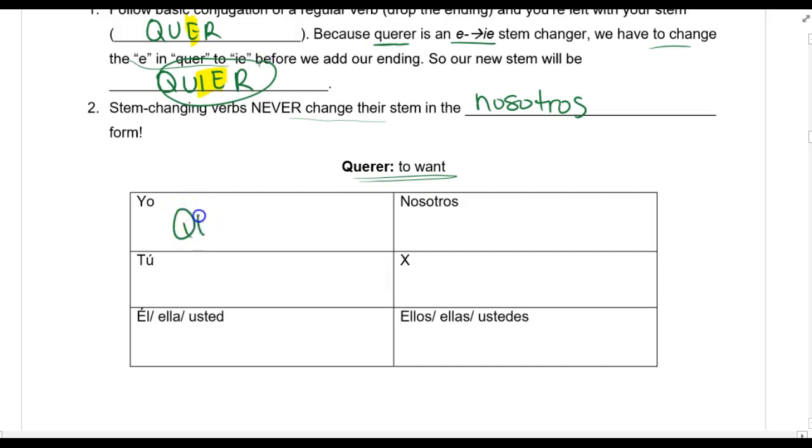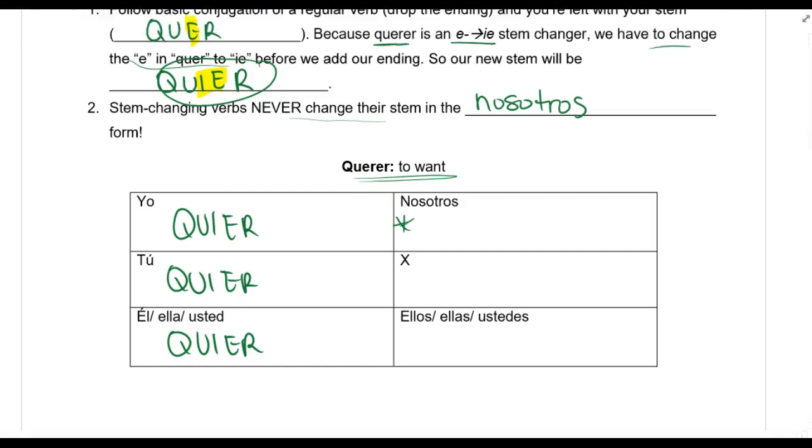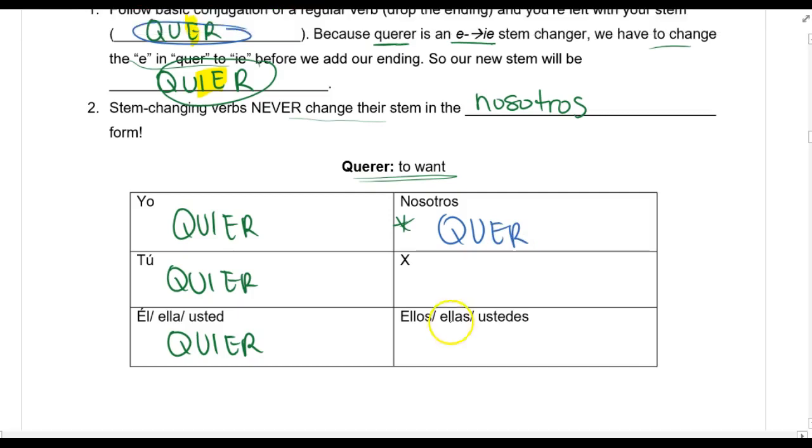So we write down quier, quier, quier. Now when we get to nosotros, it's going to be slightly different. For nosotros, it's actually going to be the regular quer. And then once we get to ellos, ellas, y ustedes, you would have quier as your stem.